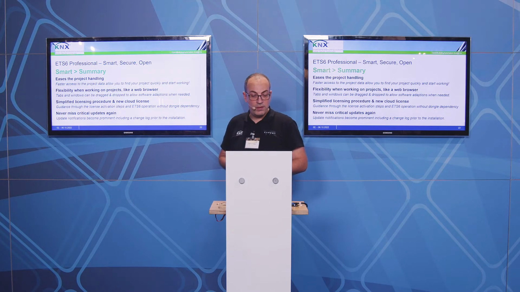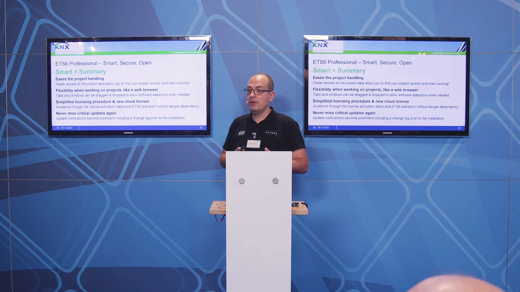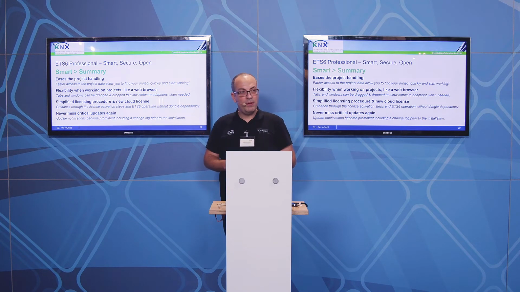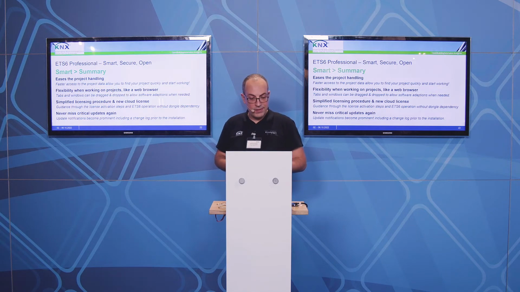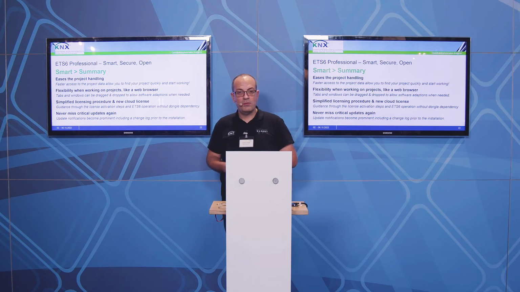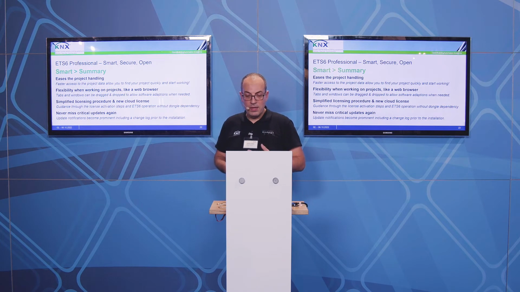We have made improvements for the project handling, we have made improvements for the windows and the panels handling of ETS. We have simplified the licensing process, as well as we have introduced cloud licensing. And last but not least, we have also extended our update notification so that we can ensure that our customers do not miss any update again.